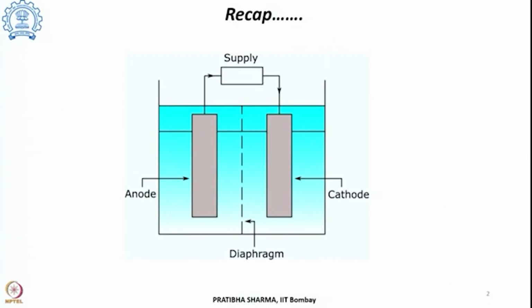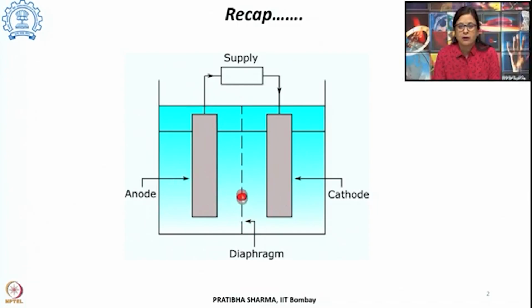basic unit of an electrolyzer, and we have seen that it has two electrodes, an electrolyte and a diaphragm separating the two electrodes. Now these electrode and electrolyte have an interface depending upon the cell configuration, and at these interfaces the various electrochemical reactions take place.